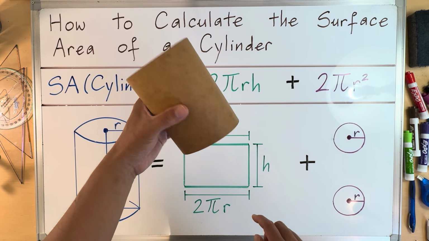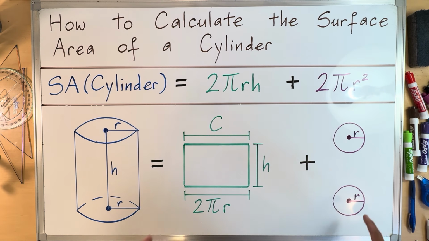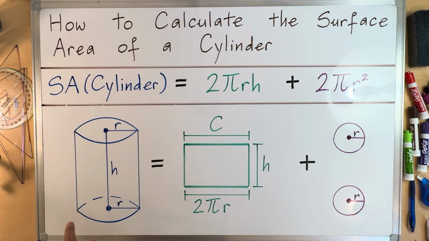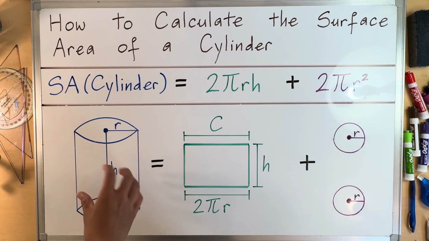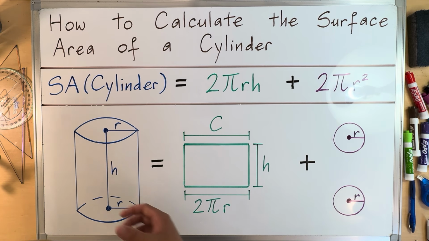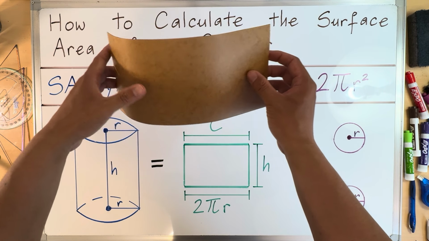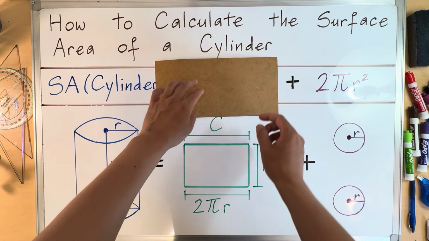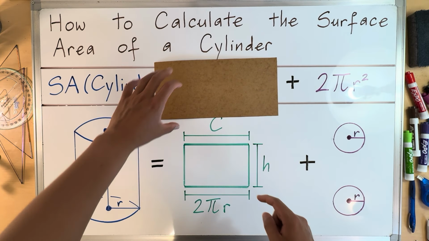We also have a circle right here at the bottom of the cylinder, which is the area of the bottom circle of the cylinder. And as for this curved side part of the cylinder, if I were to open it up like this, as you can see, it looks like a rectangle.